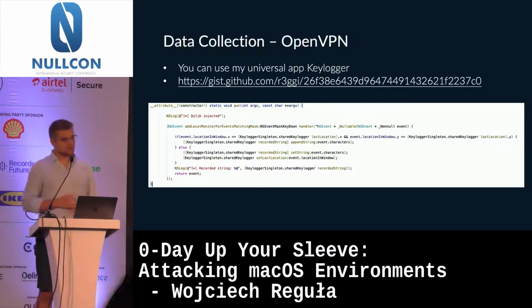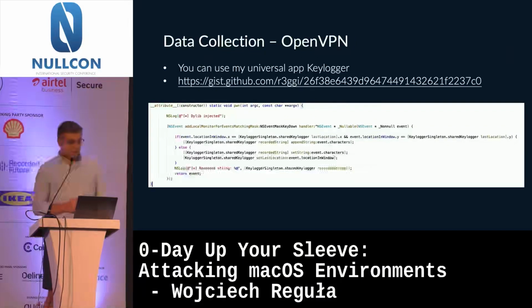Because on new macOS versions, if you'd like to register a system-wide keylogger, it requires a special permission from the user. There will be a prompt that the application wants to record all user input, and we'd like to avoid it. But if you are in the context of an application, you can get all the keystrokes that the user passes to the application without any additional privileges, because it wouldn't make any sense otherwise. It's expected behavior, right? The application may catch the user keystrokes.